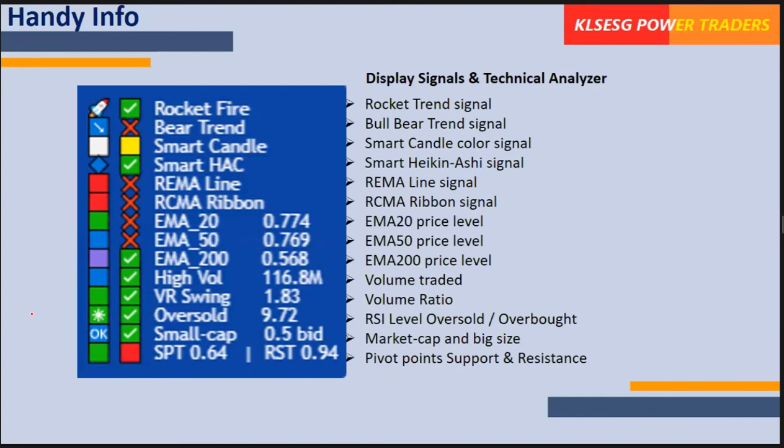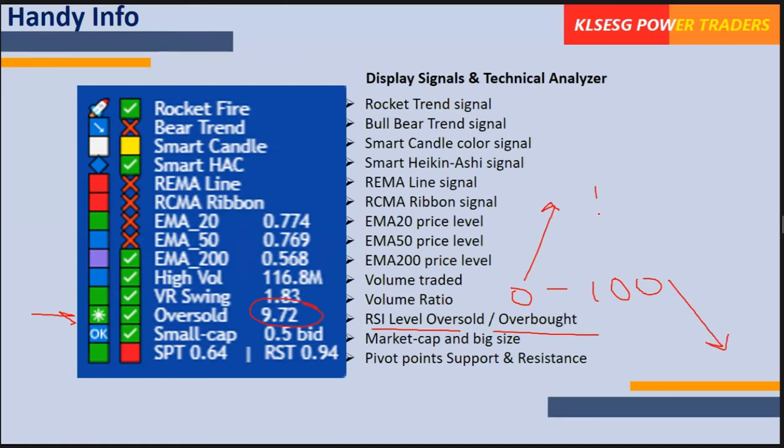This is a new indicator here. RSI level, oversold or overbought. It's read here. This reading is from 0 to 100. If the reading is low, 0, 1, or 10 like that, that means very low. The price will move up. If the reading is above 80 or 100, then the price will move down. That's the maximum already.